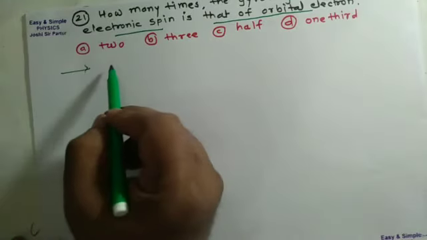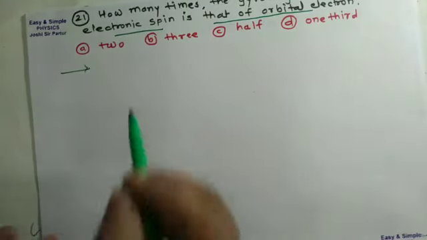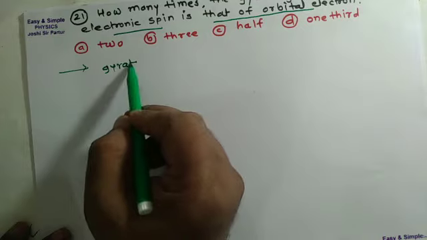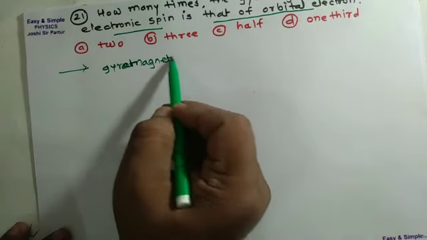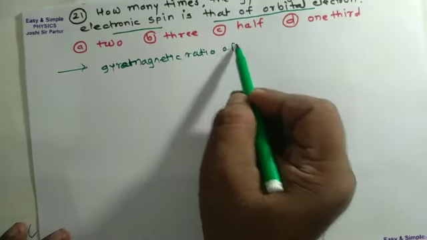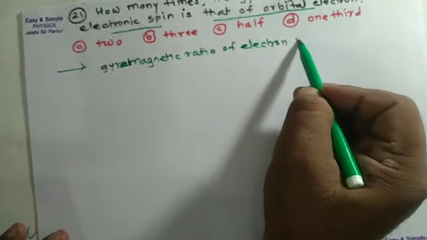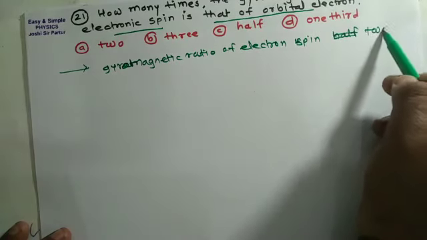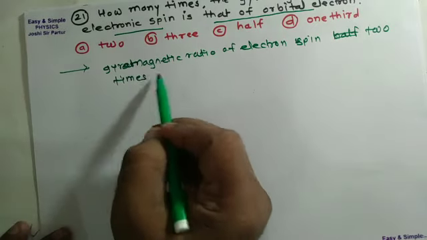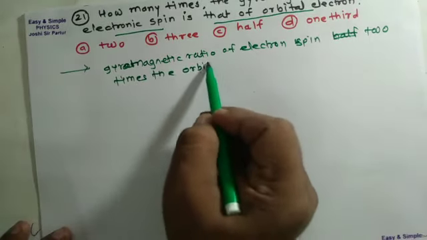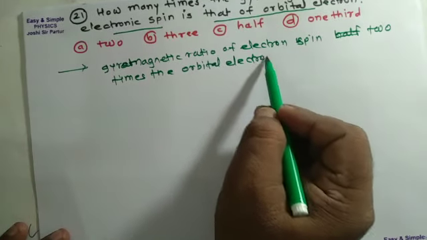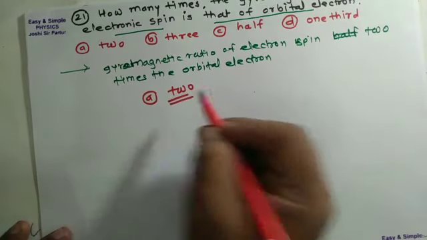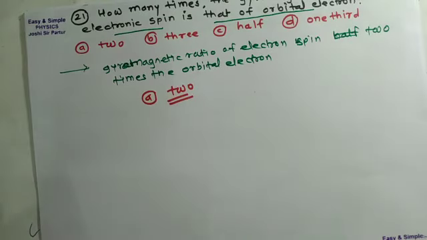So we know that the gyromagnetic ratio of electron spin is twice, 2 times, that of the orbital electron. So the answer will be option A, 2. That is the theoretical part.